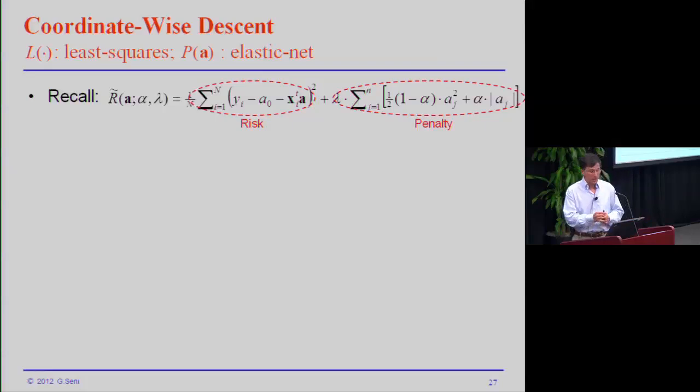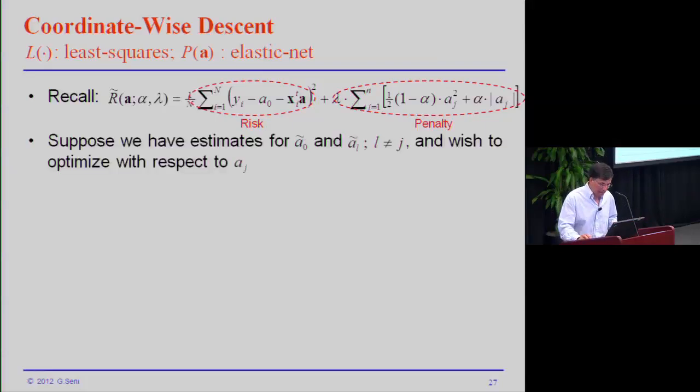If we're going to apply coordinate-wise descent, suppose that we have the estimates for A0, and we have estimates for all the other variables, and we want to optimize with respect to a single variable, let's say A sub j. So we need the gradient of this expression with respect to A sub j. Let's work through that gradient calculation, because with a square error loss, it's really straightforward.